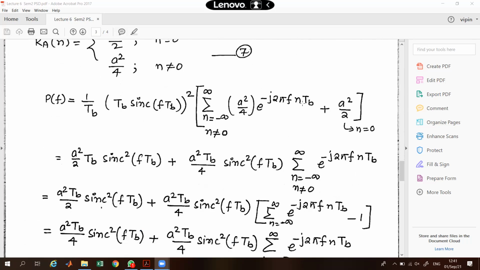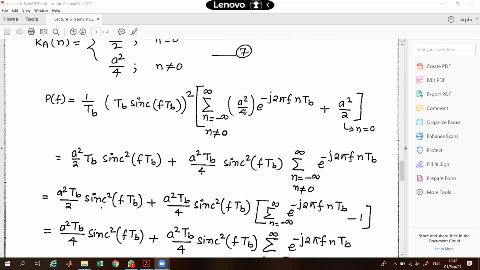When you put n equals 0, the multiplying factor will be 1 only, e raised to the power 0. So we have A square divided by 2 into Tb, because it will be Tb square, it will cancel this Tb, sinc square(f Tb) plus A square Tb by 4, sinc square(f Tb).